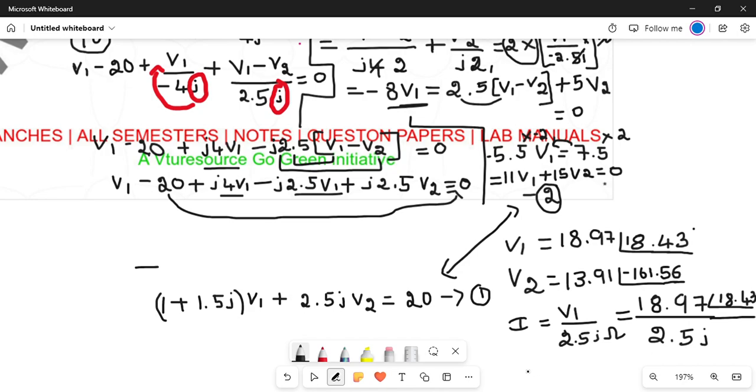Fine. When you divide this, you are going to get I1.